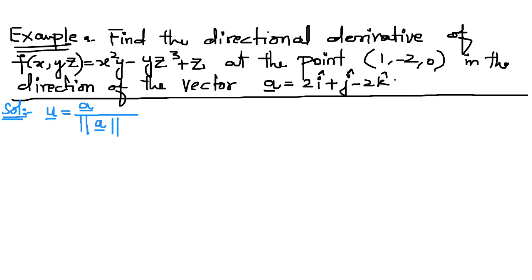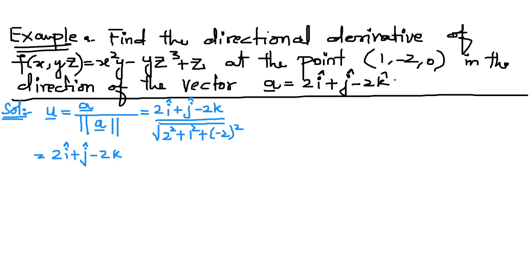So you can easily find the unit vector: 2i plus j minus 2k divided by the magnitude of A, that will give you 2 square plus 1 square plus minus 2 whole square. So it is equal to 2i plus j minus 2k divided by square root of 9, which is equal to 2i plus j minus 2k divided by 3.